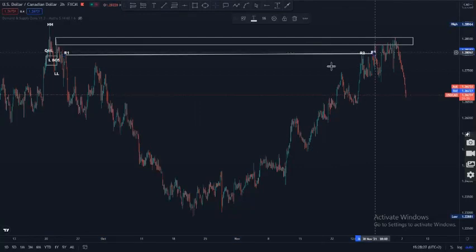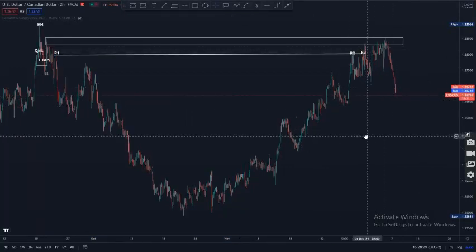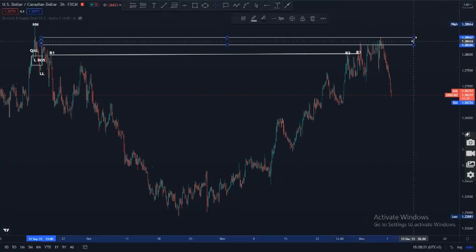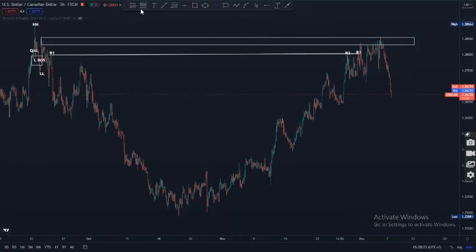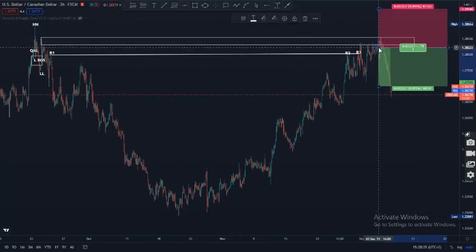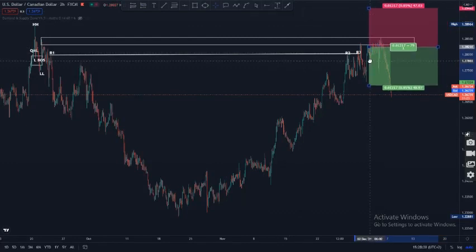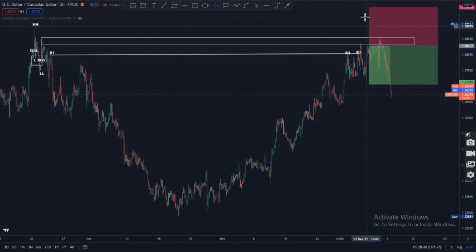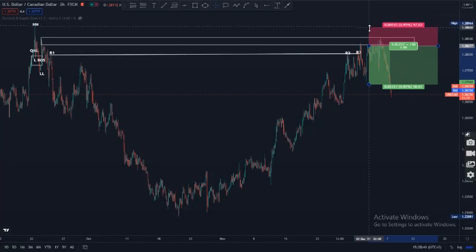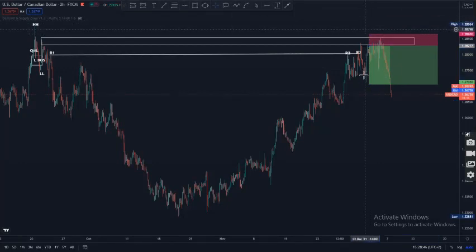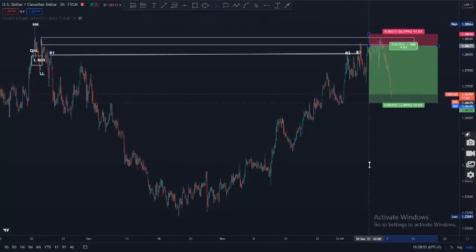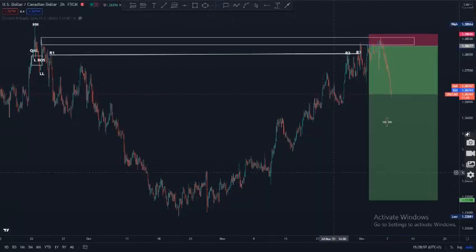Why did it break this level? Because there's liquidity above this resistance. Therefore, the market has to grab the liquidity above that resistance for the market to continue going down. So you have to make sure you wait for that liquidity grab. Wait for price to show you that it's going to go down before jumping into any particular trades. Always wait for the confirmation. Always, guys.